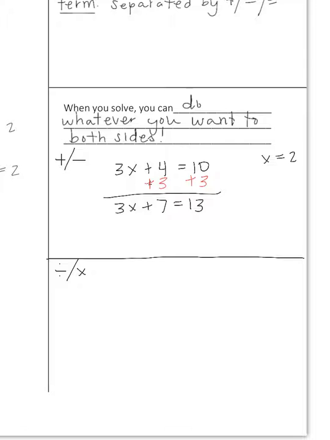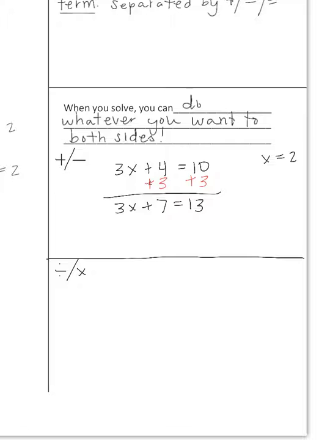I did what I wanted to both sides just for fun. And if you put a 2, we said that x was 2. If you put a 2 in that equation, 3 times 2 is 6, plus 7 is 13. It still works. So it just goes to show you can do whatever you want to both sides and it'll still work.